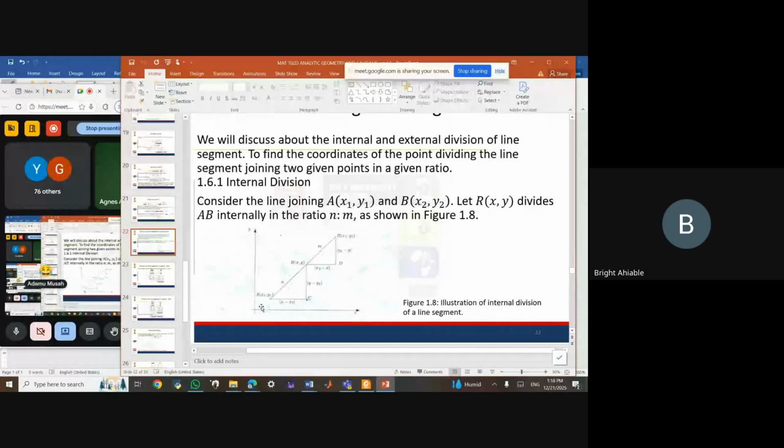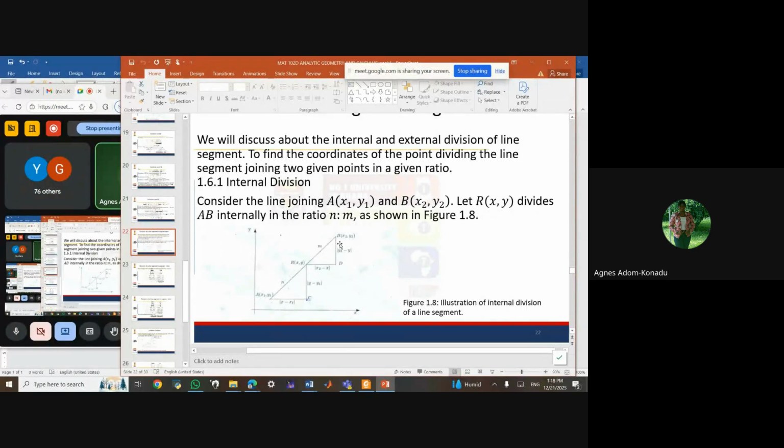Okay, so as I said, the distance from A to C is x minus x1. And then the distance from C to D is x2 minus x. The distance from C to R is y minus y1.